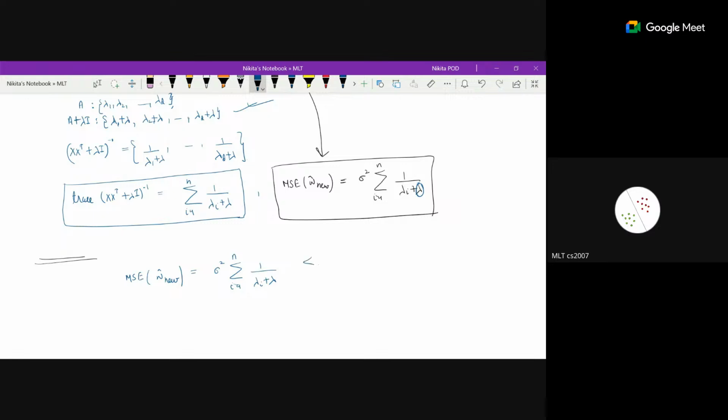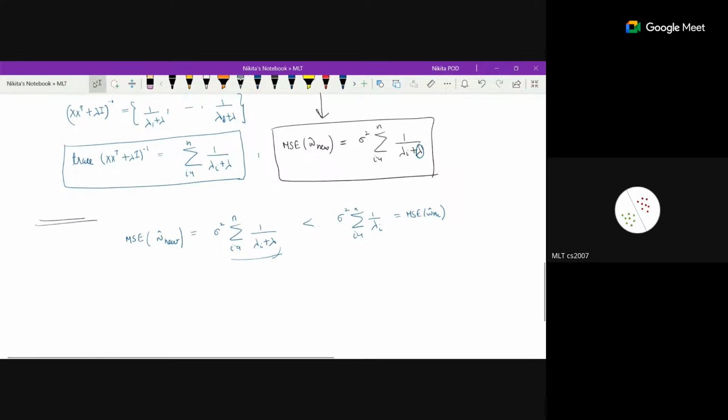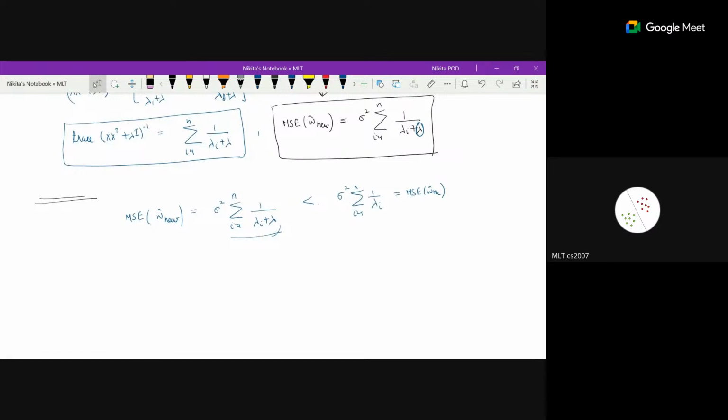This is lesser than sigma square sum over 1 upon lambda i, i varying from 1 to n, which is nothing but the mean square error of W hat ML. Because lambda is a positive quantity, this term is always going to be smaller. Now the question is, how are we getting this W hat new? So we will use Bayesian modeling for the linear regression problem now.